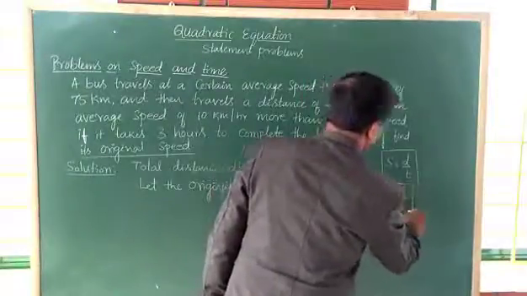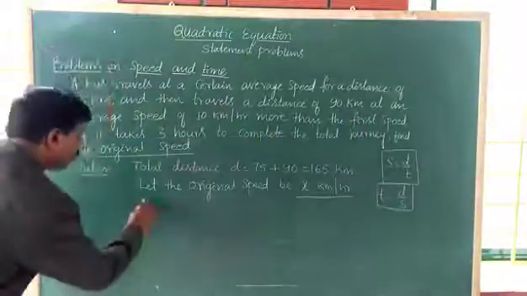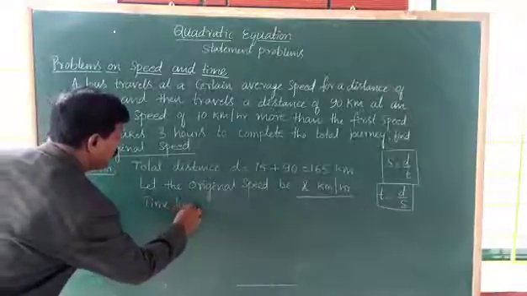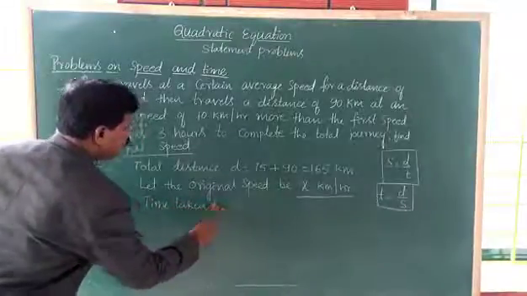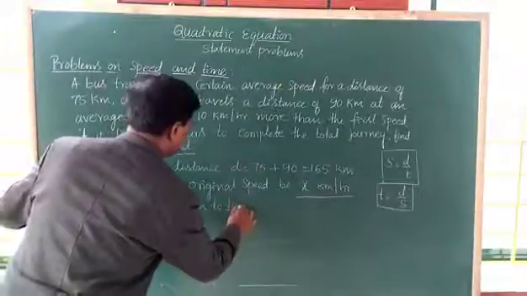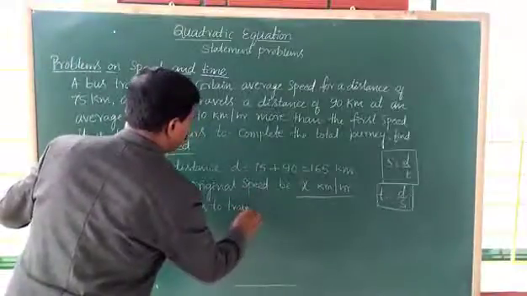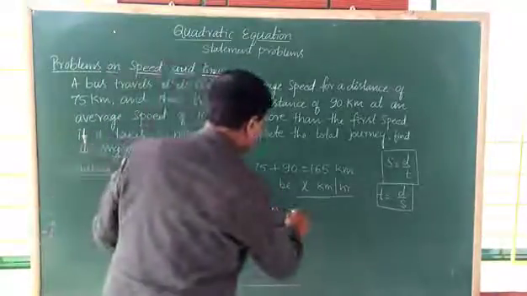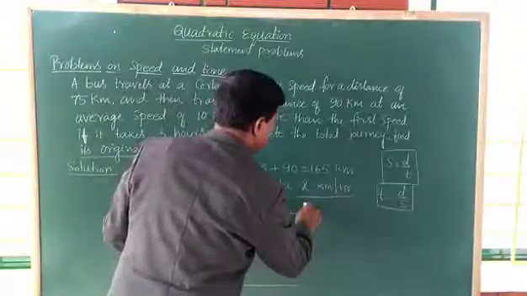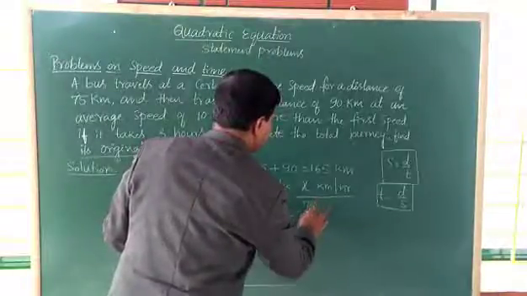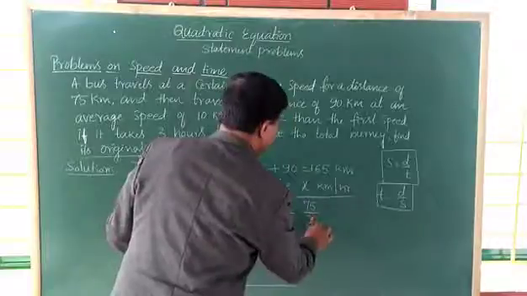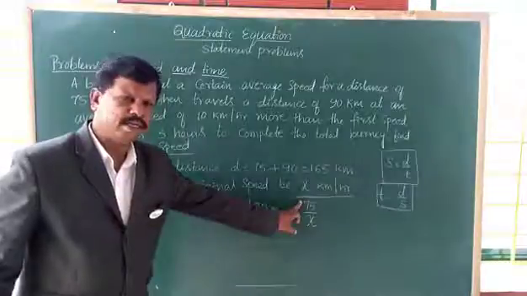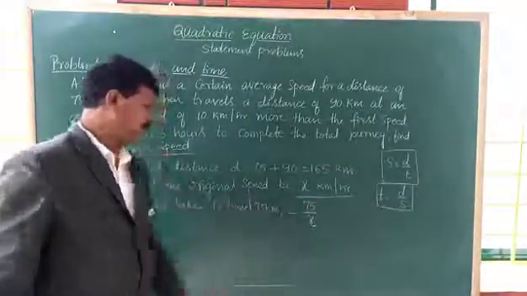So time taken to travel 75 km is given by 75 kilometers divided by x kilometer per hour. Here this is the distance and this is the speed.